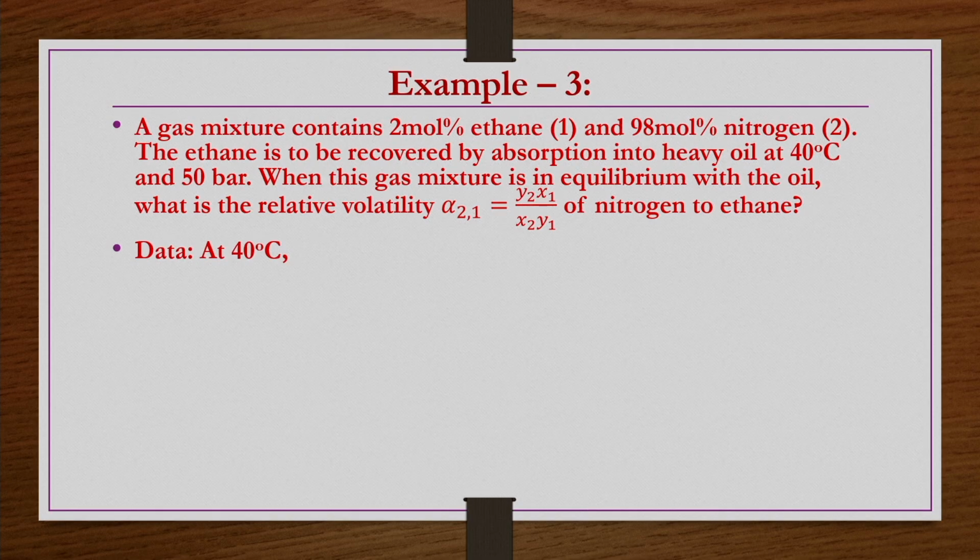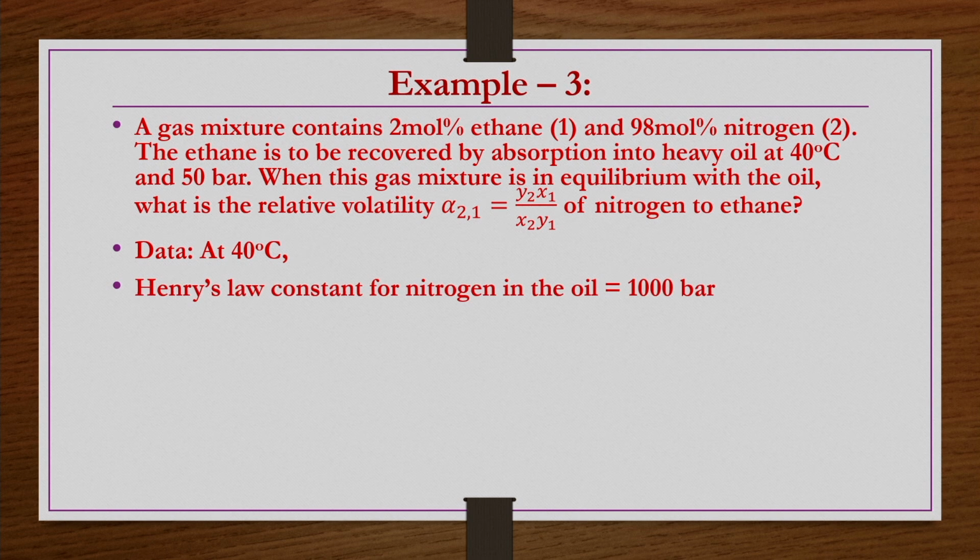So, a lot of data is required to solve this problem. At 40 degree centigrade, the Henry's law constant for nitrogen in the oil is given. Out of this nitrogen and ethane, we are trying to absorb ethane, but nitrogen may also be soluble.